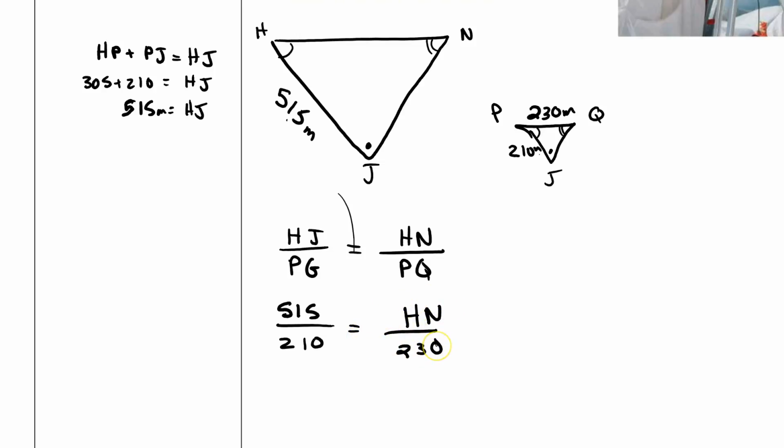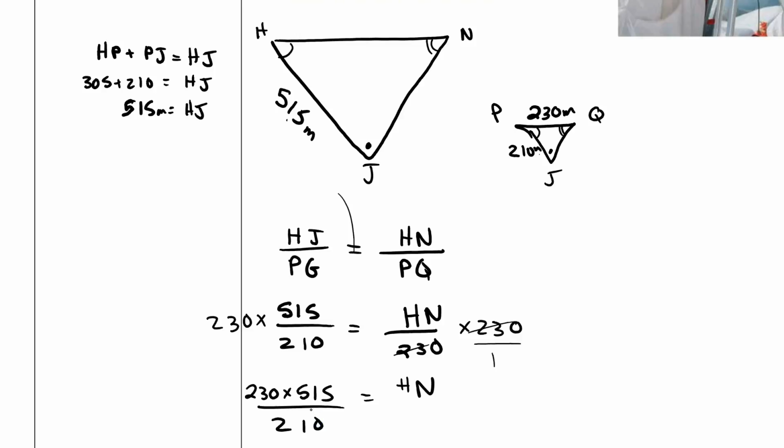What we want to do is multiply both sides by 230, so that the 230s cancel. So we get HN equals 230 times 515 over 210.